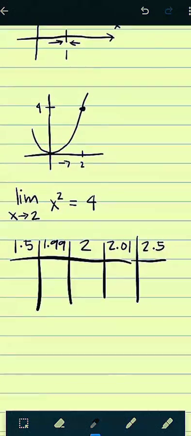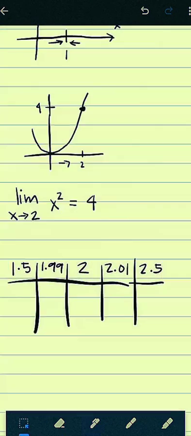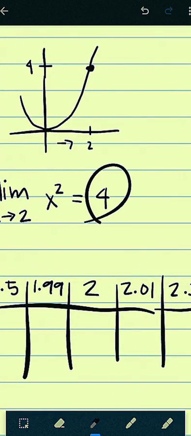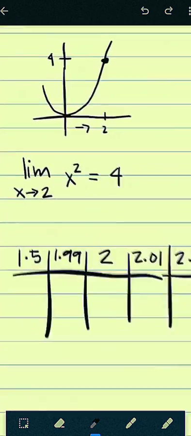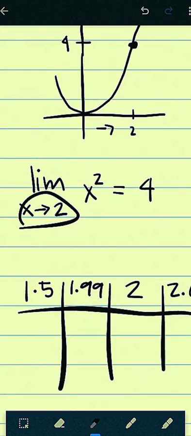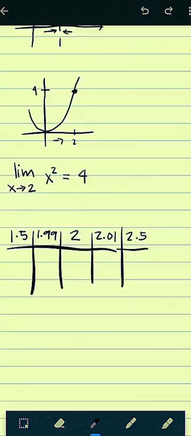So let's try, and what happens? The answer would be, I will assure you, that it's 4. It approaches 4 as well. So if our x approaches 2, our y approaches 4. That's just what a limit is.